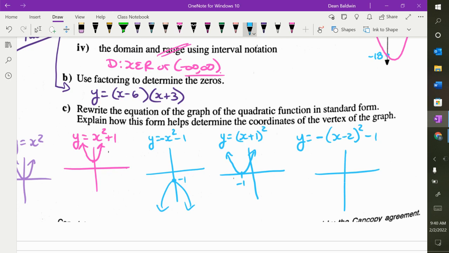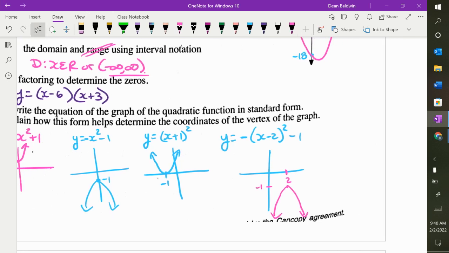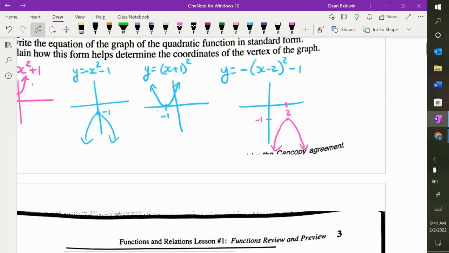I'll give you a chance to sketch it, and then we have it. Are you ready? You get that? Zoom in on it.